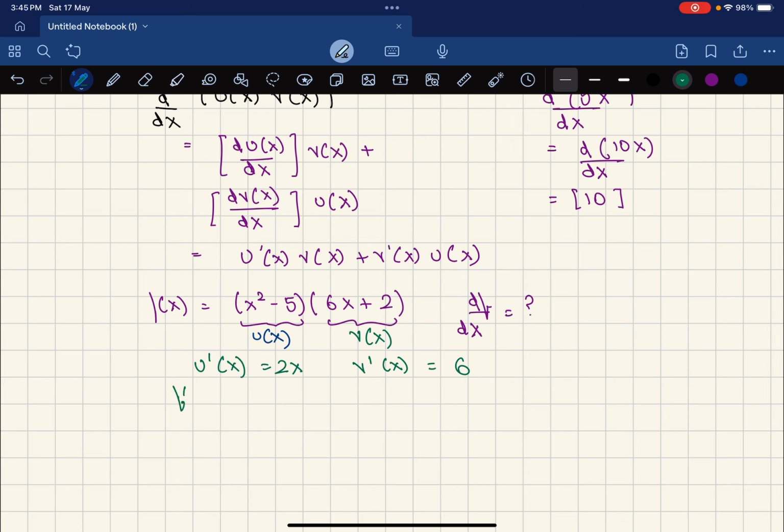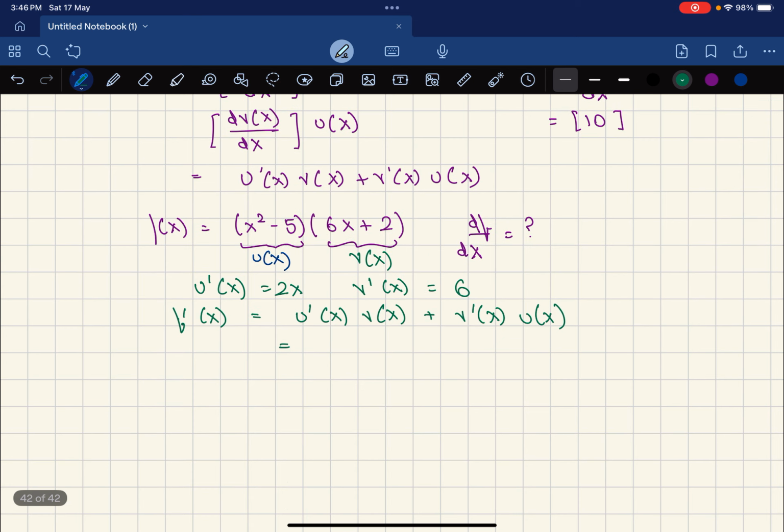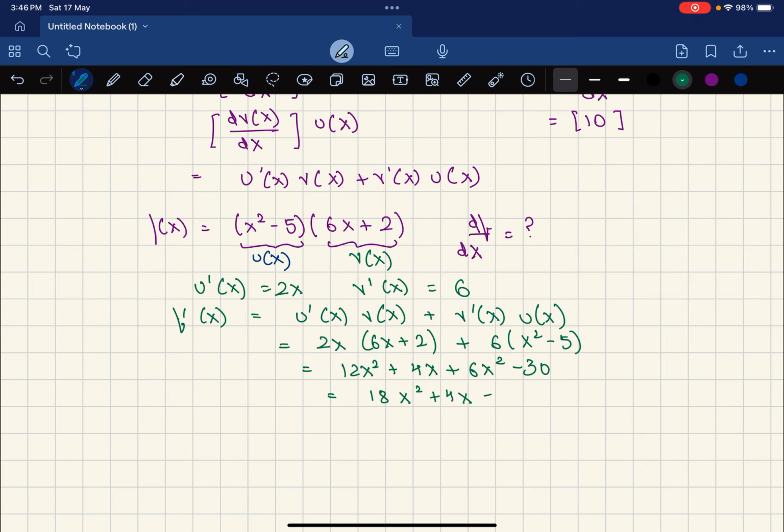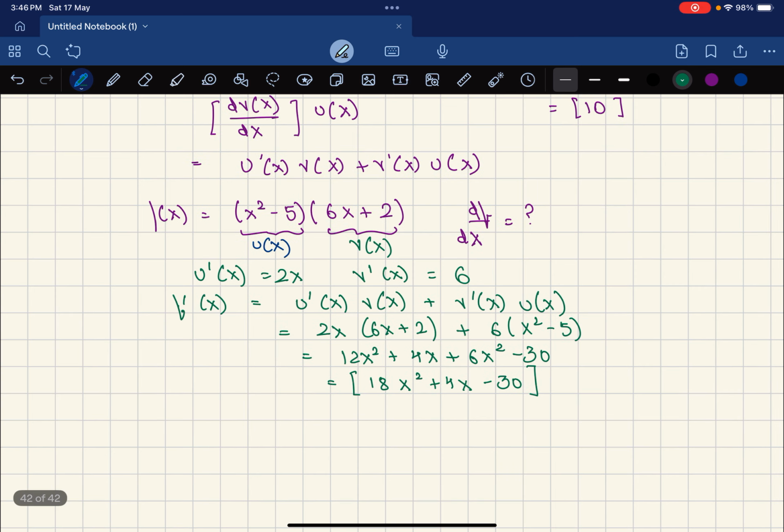Now we can find f dash x as u dash x v(x) plus v dash x u(x). This can be written as 2x(6x plus 2) plus 6(x square minus 5), which is 12x square plus 4x plus 6x square minus 30, and therefore we are left with 18x square plus 4x minus 30 as the required derivative of the function f.